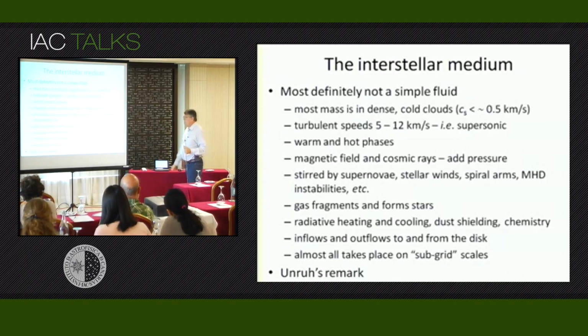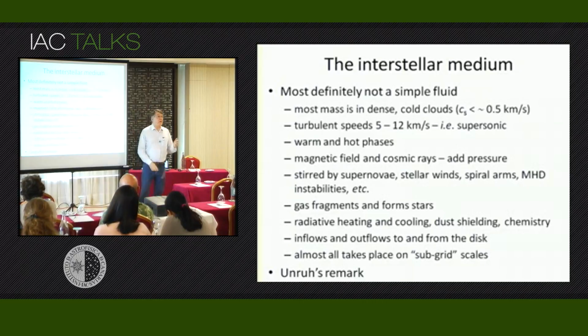Then, once you've got this feedback from the stars, you might get supernova explosions that drive gas out of the plane. The gas is falling into the plane from outside, and all of this is going on at scales which are far too small for you to be able to resolve in any reasonable simulation.